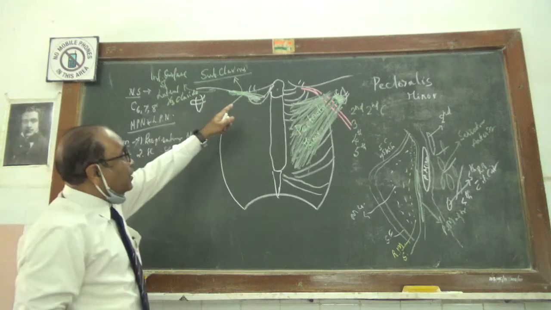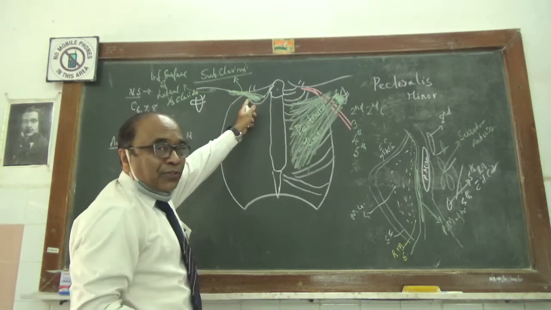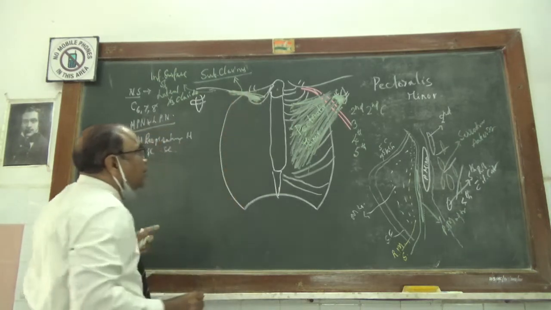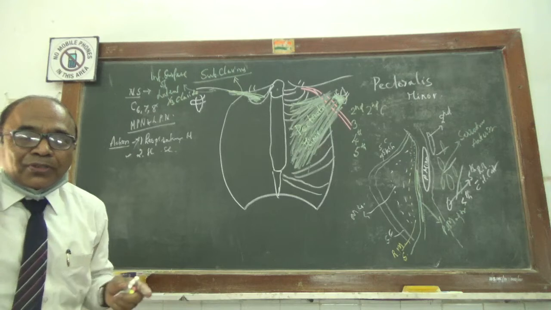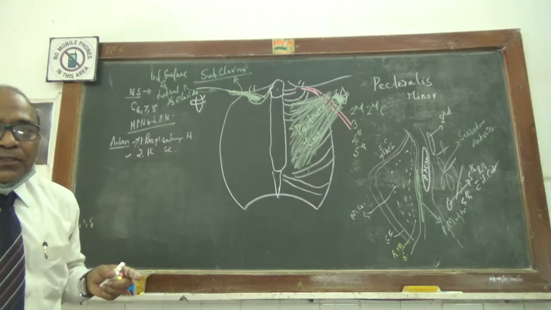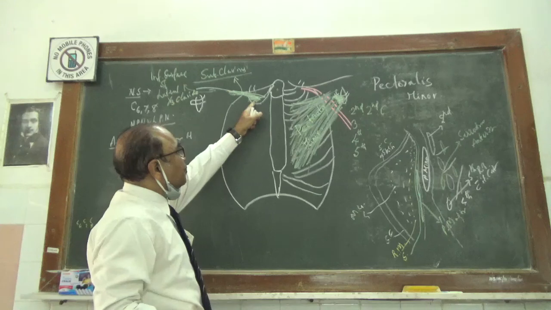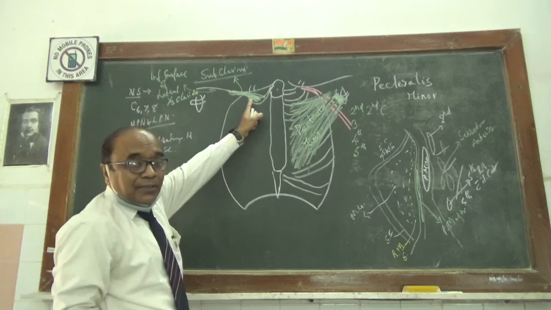Then running in front of this is the clavipectoral fascia. Now what is the thing? Behind this you will have a small portion of the deep flap of the deep fascia of the neck, and the fat and the fasciae. So that will be there.